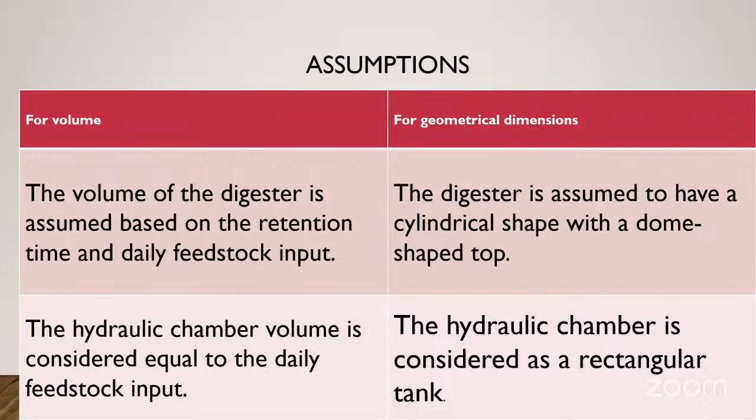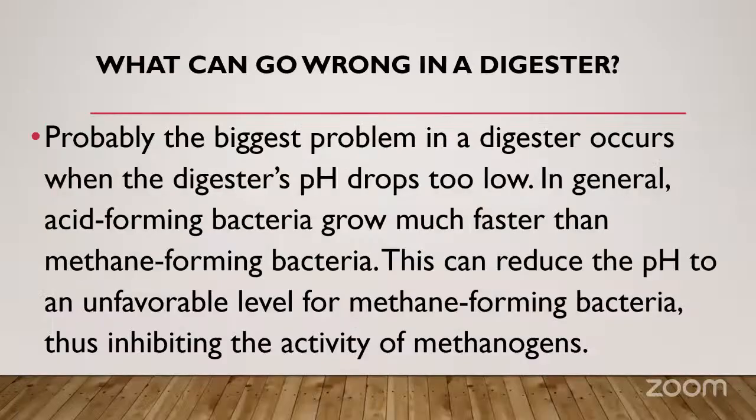Those are the assumptions you can make when you want to compute the volume of gas you'll get out of your biogas. So what can go wrong when you are using a digester? We are here almost talking about operation, and we'll talk also about maintenance. So what can go wrong? This is the big problem with digesters.